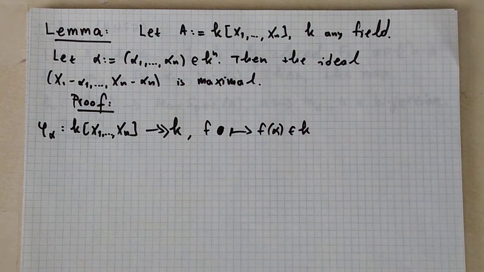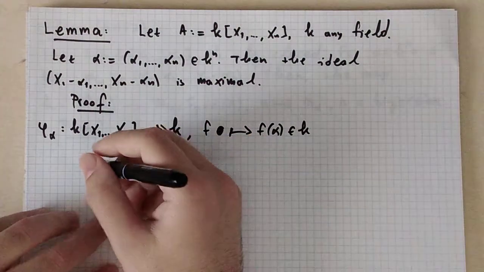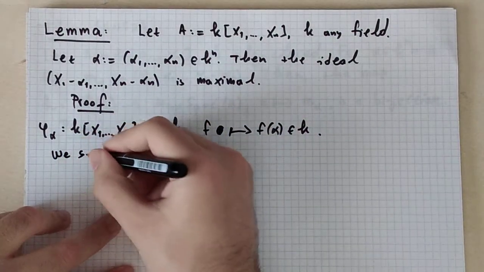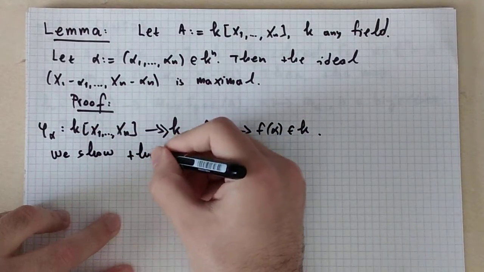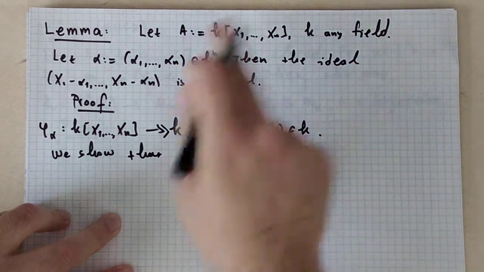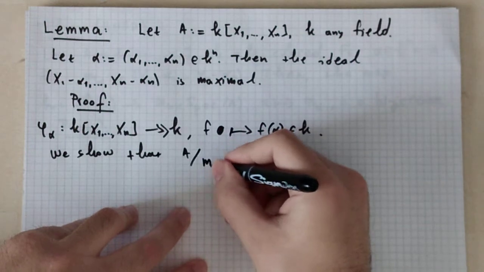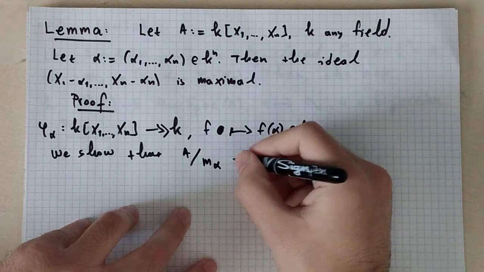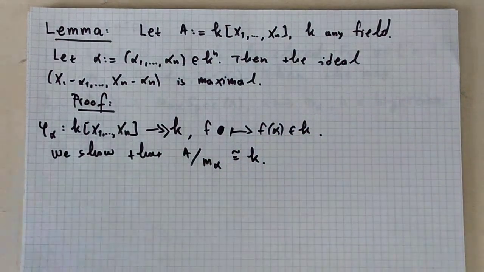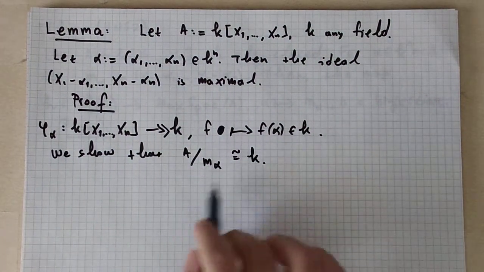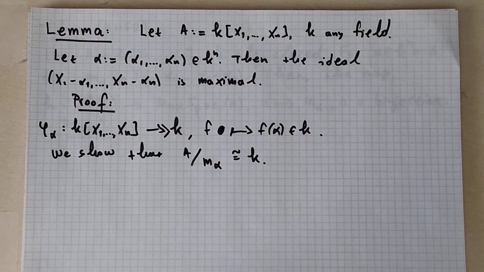Now the claim is that the polynomial ring modulo m alpha is in fact isomorphic to k. If we show this, then we're done, because k is a field, which means this quotient is a field, which means the ideal m alpha is maximal.